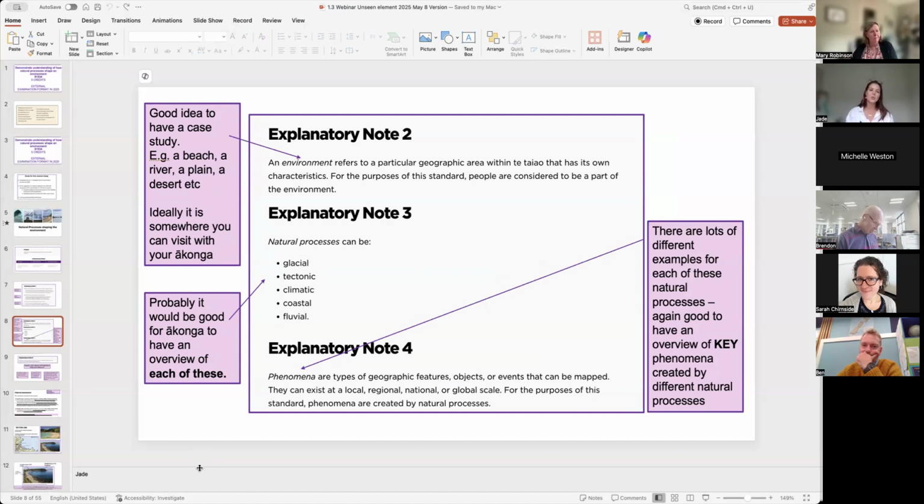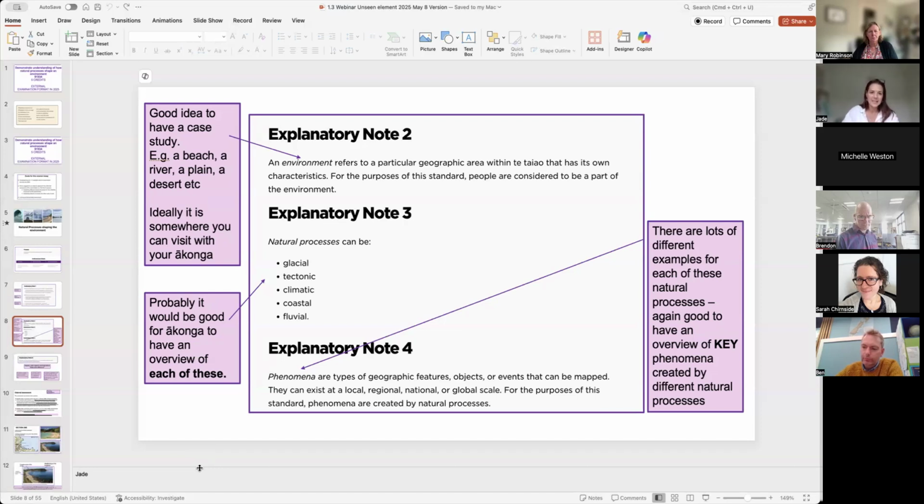So the standard talks about shaping an environment. So an environment being a particular geographic area with its own characteristics. And it's really important to note that they do consider people to be part of the environment. And so while this is a really physical-based geography standard, people do come up within it, and we'll talk a bit more about that.